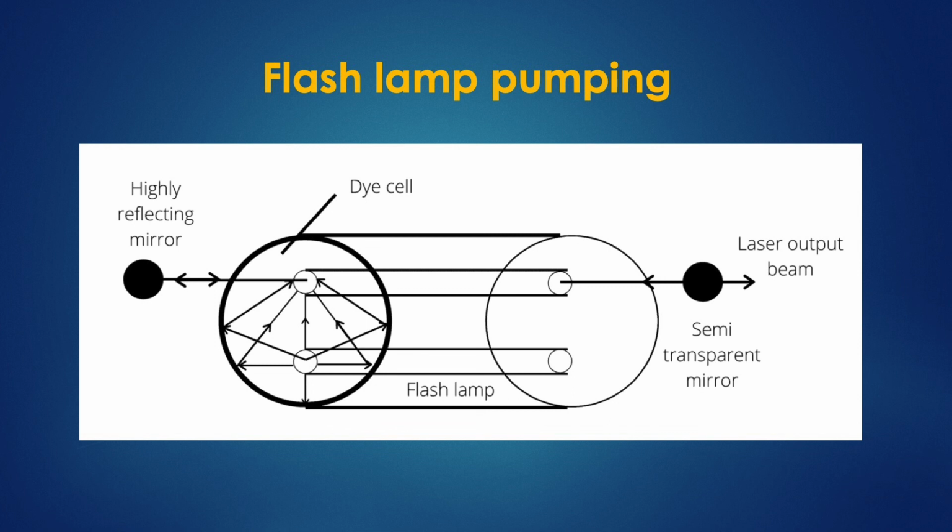The dye keeps on flowing. The top tube contains dye solution continuously flowing. This is at the focus of a cylindrical resonator, a cylindrical mirror cavity. At the other focus you will have a flash lamp. Remember, this is a linear flash lamp.